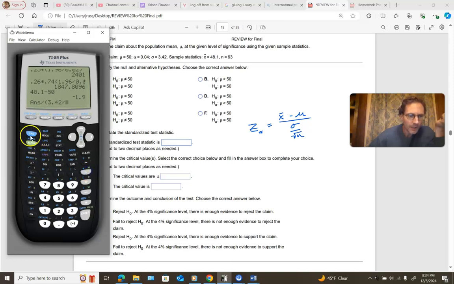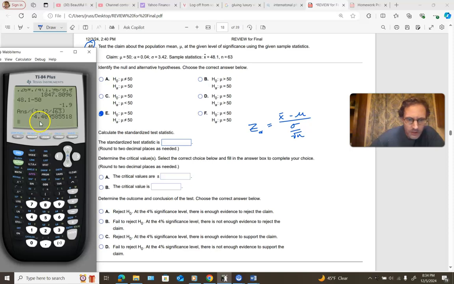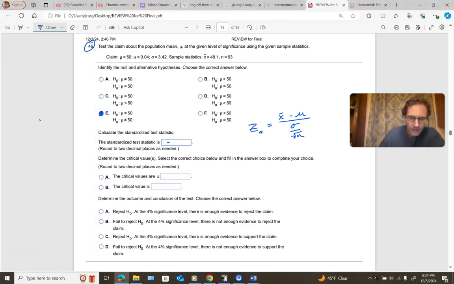And divide that by the square root of the sample size, which is 63. And this gives us, it says round to 2 decimal places, negative 4.41. That's actually pretty far from the mean.